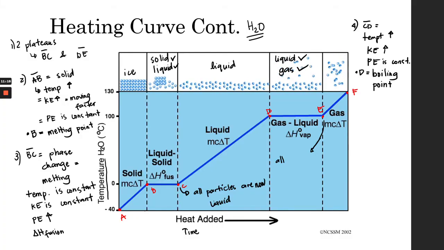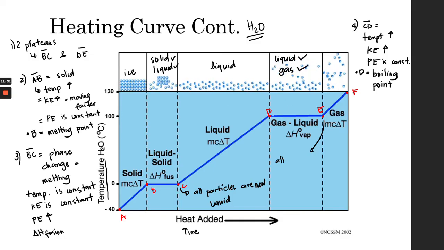Point D is the boiling point, and we know that the boiling point of water is 100 degrees Celsius. So point D should be at 100 degrees Celsius. Again, depending on what substance you have, the temperature could be lower or higher.